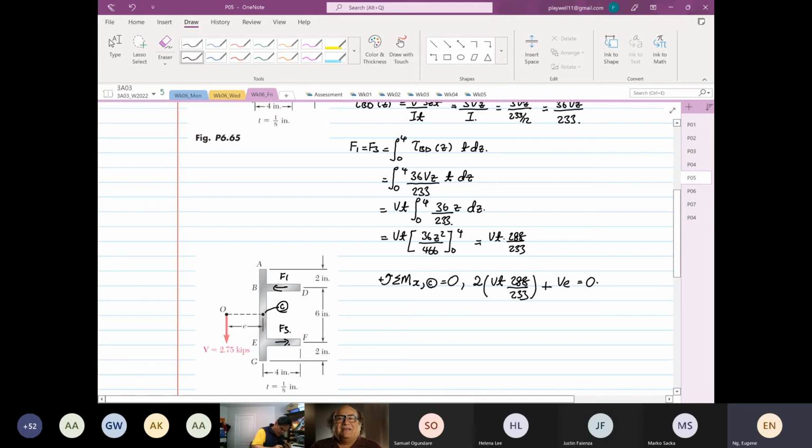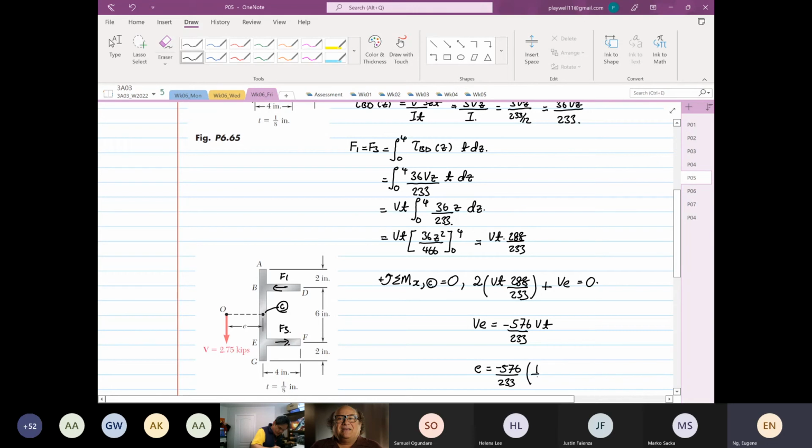So when we have our V is equal to 288 over 233, it's equal to 576 minus 576 over 233, and this is our VT. So E is equal to minus 576 over 233.